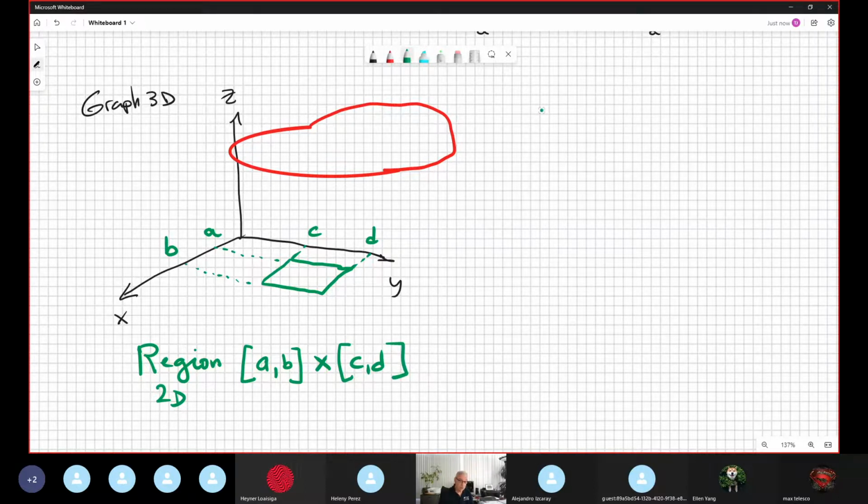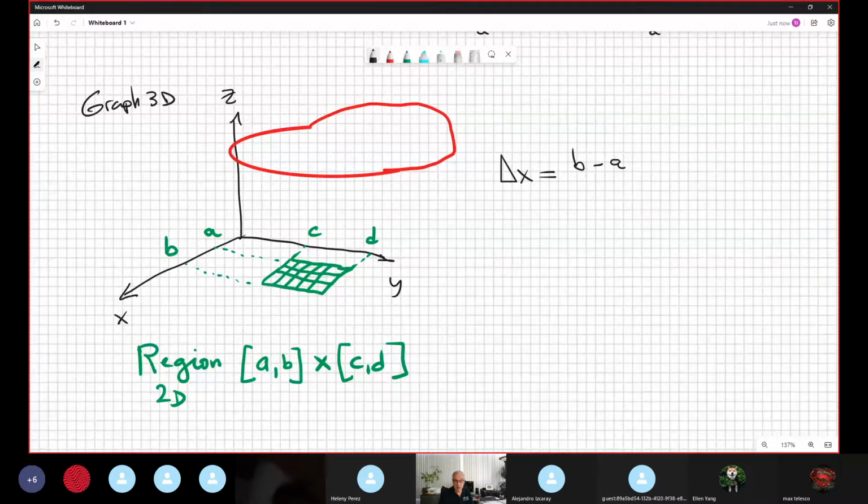And this region I can partition in this direction and in this direction. And we have, of course, delta x exactly the same, b minus a divided by m, similar to the one direction.